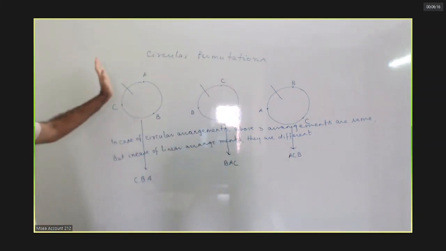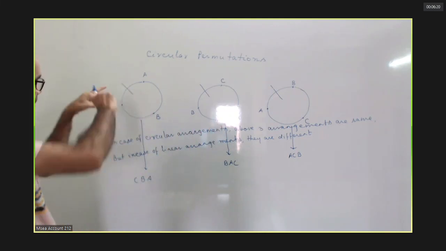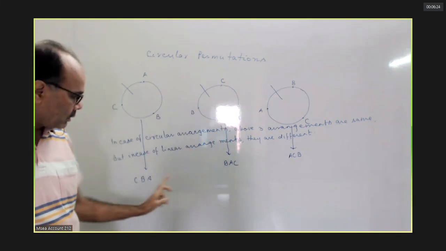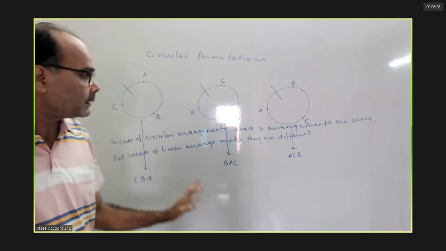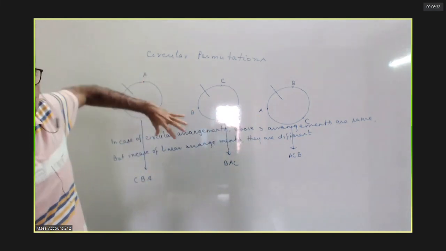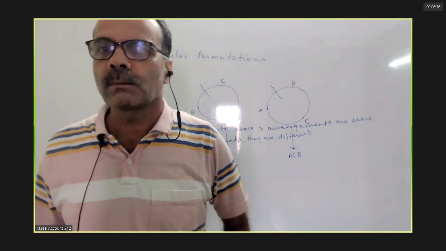So in case of linear arrangement, they are different, because you cut it from here and lay it out. So all these three arrangements, in case of linear arrangement, are different. But in case of circular arrangement, once I arrange it and rotate it, whatever the position, it's the same circular arrangement.